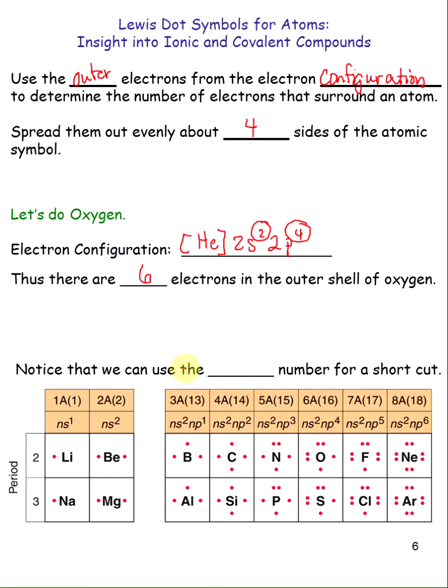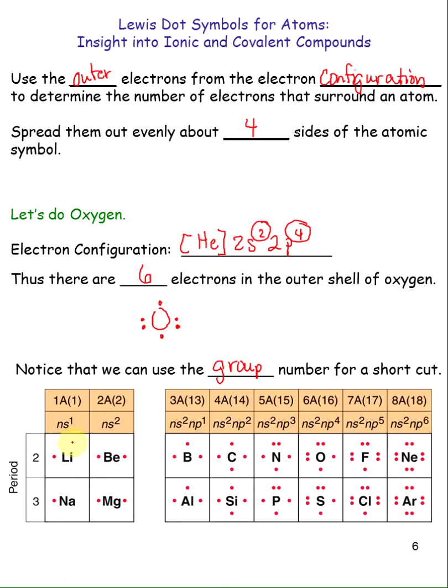Notice that we can use the group number for a shortcut. Now, since there are 6 electrons around the oxygen, 1, 2, 3, 4, 5, 6, notice that I've spread out my electrons equally around the oxygen atom.